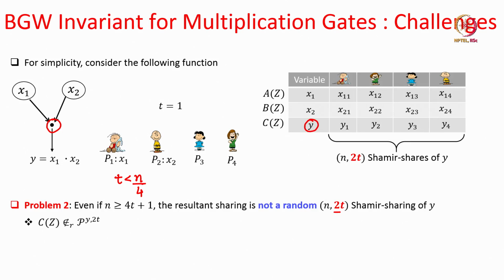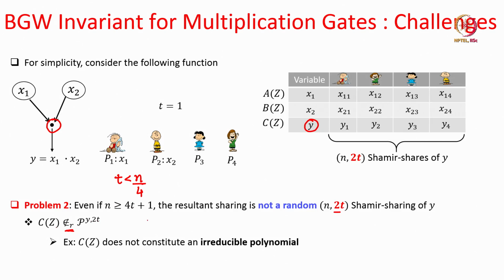However, the problem now is that this polynomial c of z, this c polynomial in the z variable, which is a 2t degree polynomial, is no longer a random polynomial. So, it is not the case that all the coefficients of the c polynomial, except of course the constant term, are random coefficients.